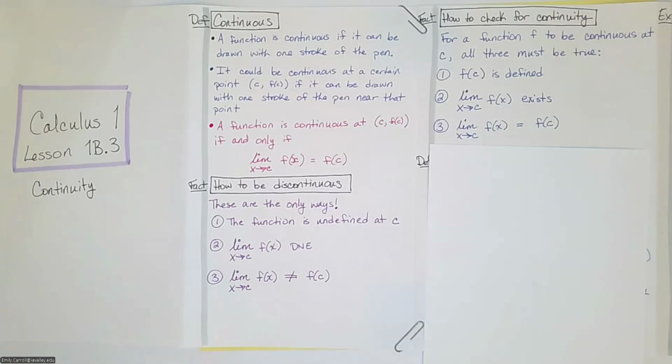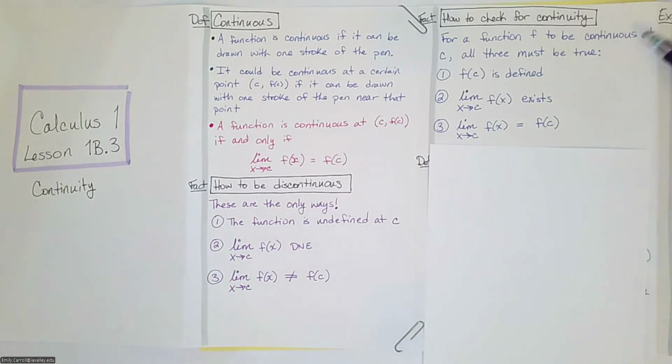If you think about it, this is an or. A function is discontinuous if 1 or 2 or 3 is true. Negate that, invert that, make it say the opposite, right? The opposite of discontinuous is continuous. The opposite of an or becomes an and.